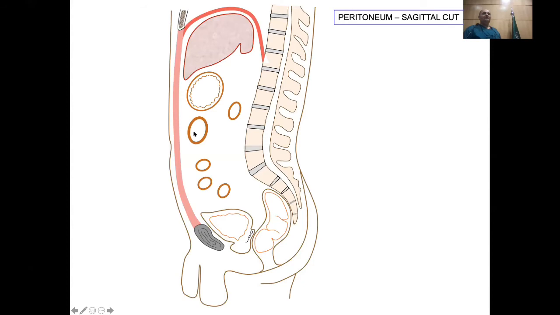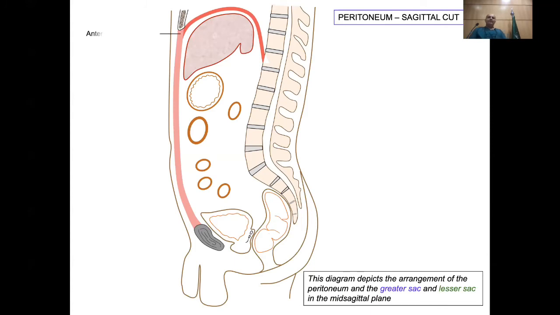And this is my stomach, transverse colon, and loops of intestine. I'm not naming them jejunum, ileum, vice versa. And in the bottom, you're looking at the urinary bladder. This is a male example. If it was a female, I could have put a uterus here also. This is the rectum, anal canal. Are we good? Now, let's label it. Anterior abdominal wall, diaphragm, pubic symphysis, we all know what that is.